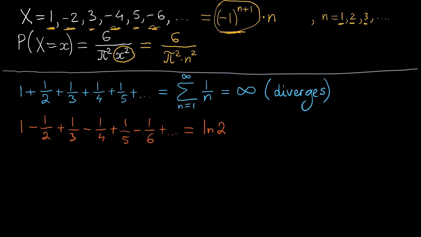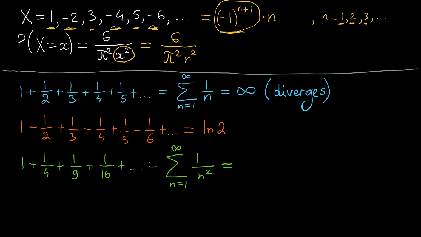And this last one is, if we were summing 1 plus 1 over 4 plus 1 over 9 plus 1 over 16 plus and so on and so forth, where you see what we're summing here. We're summing 1 over n squared as n goes from 1 to infinity. This series also famously converges, and it equals pi squared over 6.